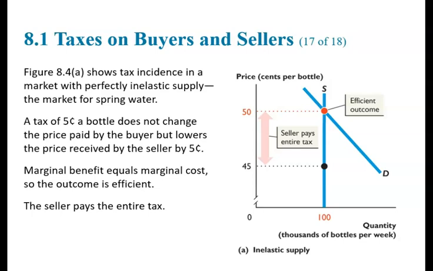The supply cannot change, and that is shown by the perfectly inelastic supply, and when that is the case, all of the burden will fall on the seller. Another important thing to note is that the triangle area of excess burden or the deadweight loss does not appear here, simply because the marginal benefit equals the marginal cost, and the outcome is an efficient outcome.